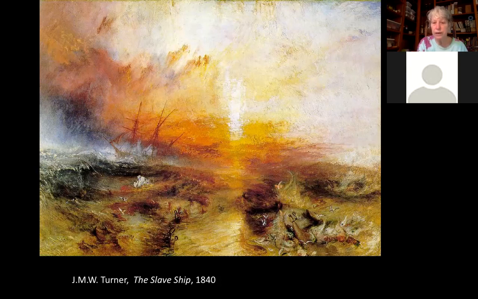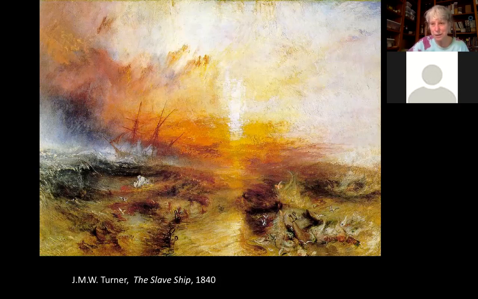But if they fell overboard or something, or were thrown overboard, then they could collect insurance. I'm not sure exactly how it worked, but it was a very sort of horrible transaction, that, you know, buying people, insuring them, and then, like any other kind of cargo, and then if they died, collecting the insurance.